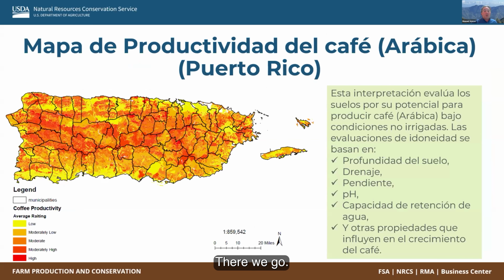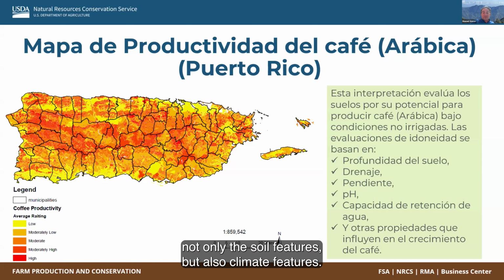There we go. One example of the interpretation of suitability for coffee: you can see the map from low adaptability all the way to high, and we can see this takes into consideration not only the soil features but also climate features.